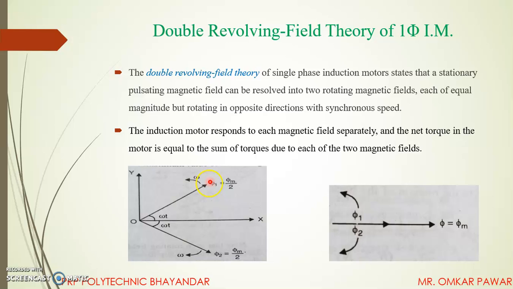One magnetic field is phi m by two, and the second magnetic field also has the same magnitude, phi m by two, but in the opposite direction. One magnetic field is rotating in this direction, the second in this direction. So the net torque will be the sum of the torques due to each of the two magnetic fields.